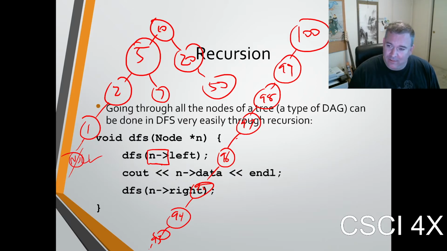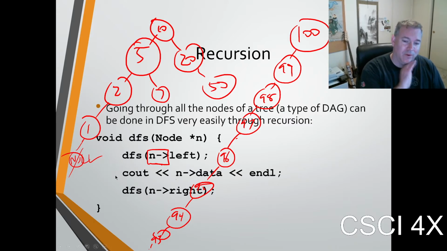No, this code will never go right. When you call DFS, it calls DFS on its left node. And then when you get to DFS, you call DFS on that one's left node. These two lines of code will never run, by the way, the way that we have it written right now. This is an infinite loop here.